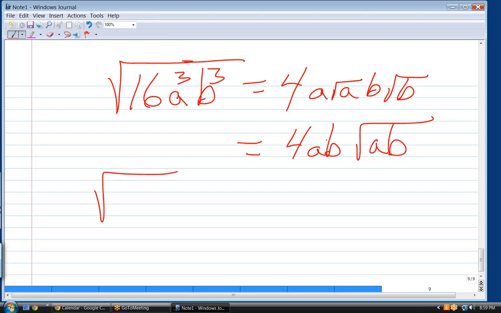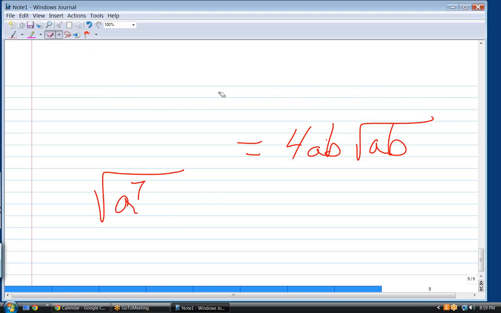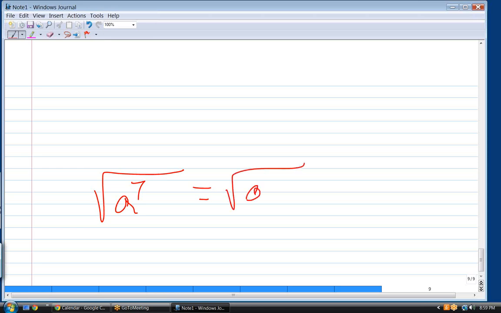What is the square root of a to the 7th? That would be a to the power of... always take the highest even number, so a to the power of 6. Well, it's this. And then what's the square root of a to the 6th?